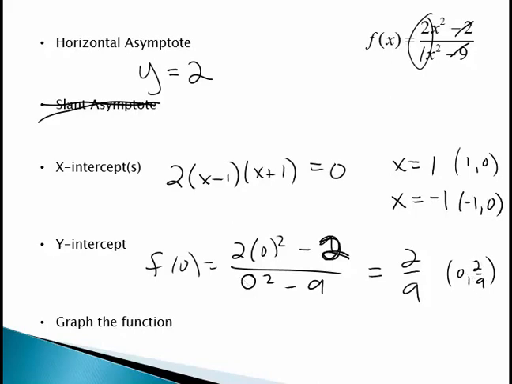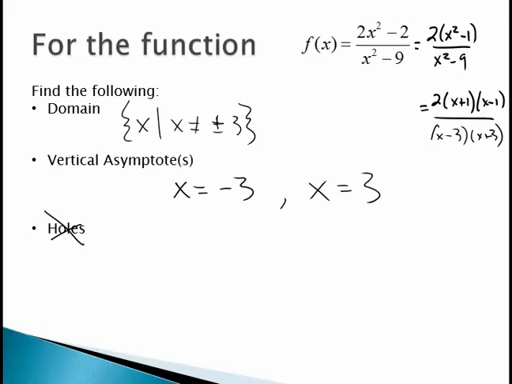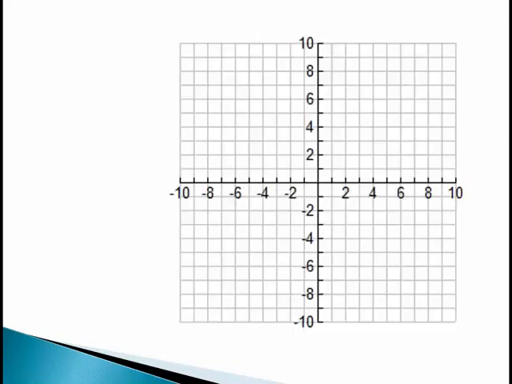Right? So now we're going to try and bring all this information together and graph the function. So let's start with our asymptotes. Negative 3 and 3 vertical, y equals 2 horizontal. Right? So here is a horizontal asymptote. Here is a vertical, and here's another vertical. Okay, I'll use green to graph the function.